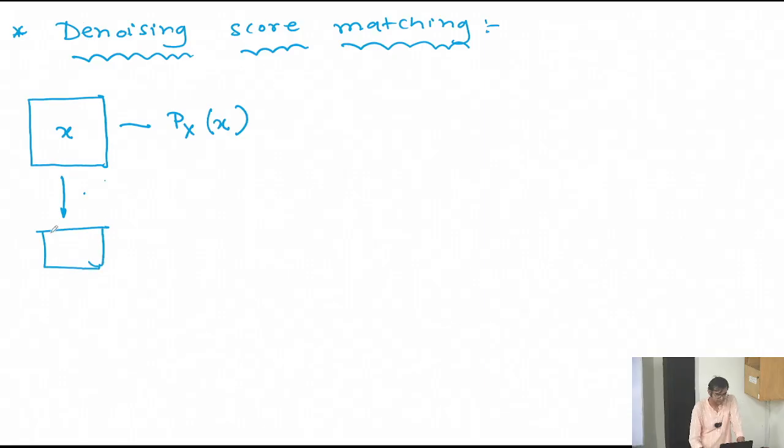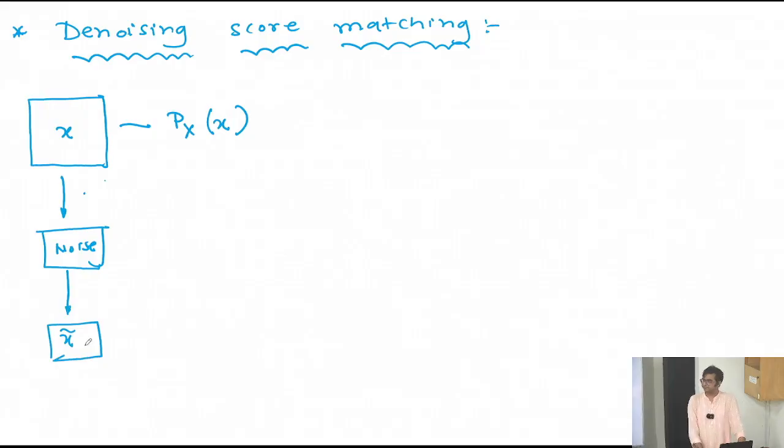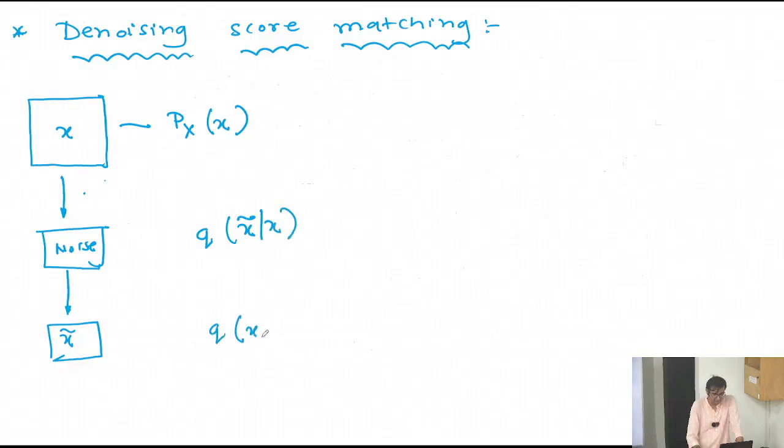This is some small noise that you are adding, and once you add noise, you will get X tilde. There will be something like Q of X tilde given X, and you will have Q of X tilde.